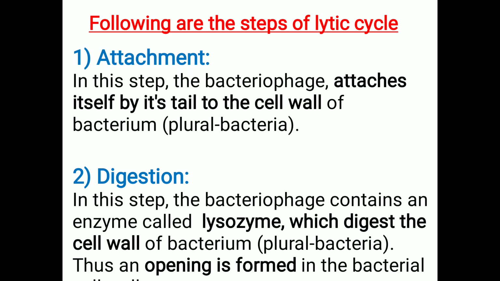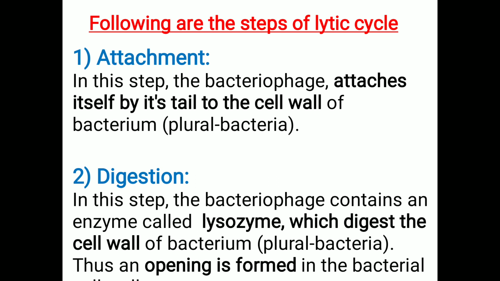That means what happens in the lytic cycle and lysogenic cycle. So lytic means what? The breaking. When the virus particle enters inside the bacteria, the breaking of the bacterial cell takes place along with the multiplication of the virus. How? So we can discuss here. So this is the lytic cycle.